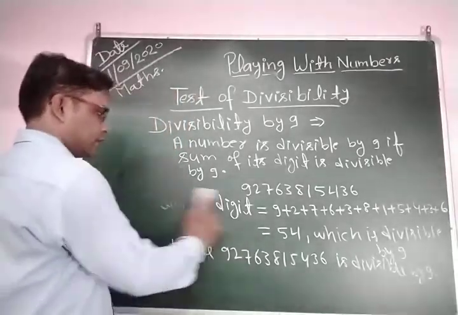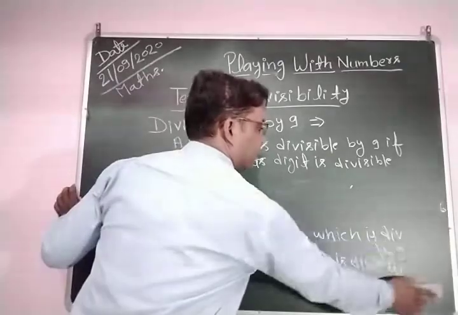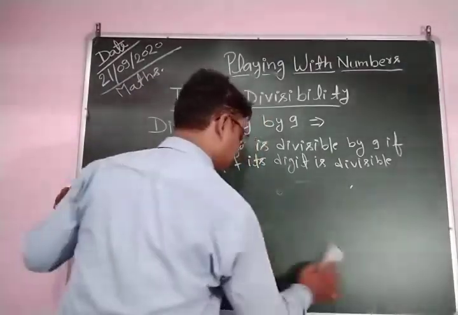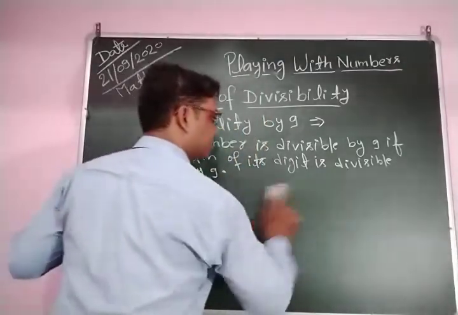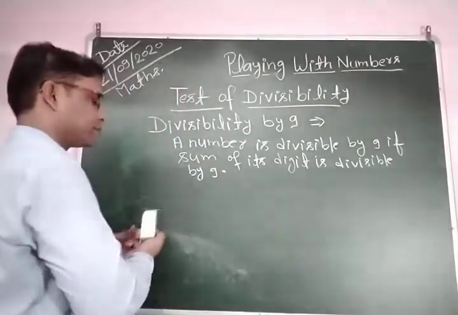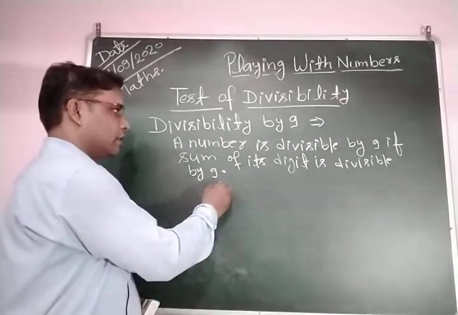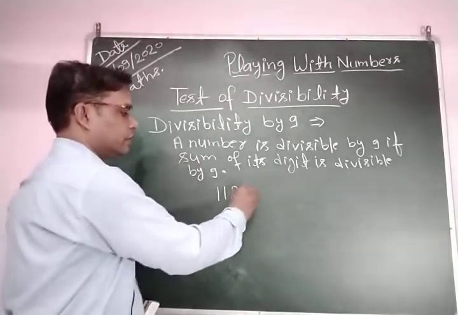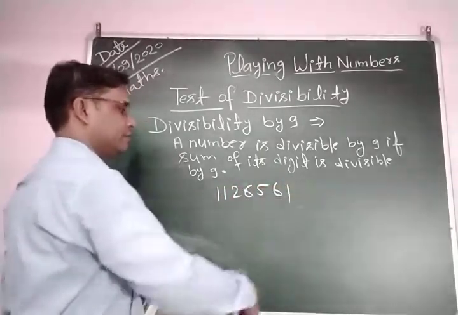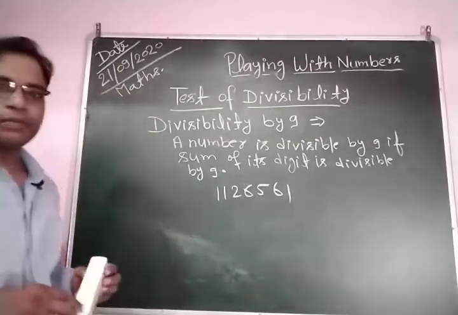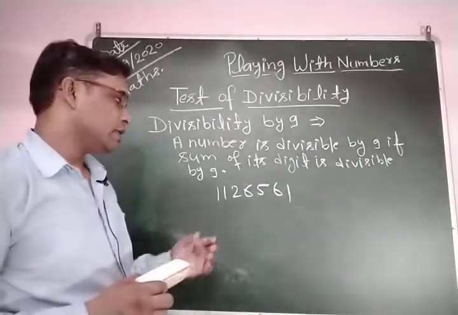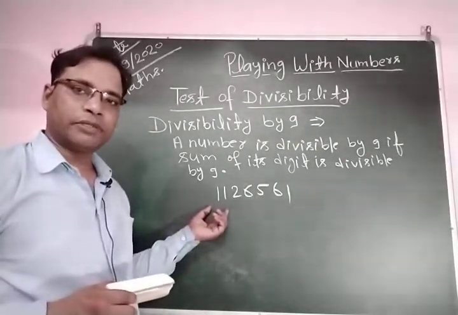Okay, so suppose we take another example. Divisibility: we take 1 1 2 6 5 6 1. Is this number divisible by 9 or not? So first we find the sum of digits of this number.